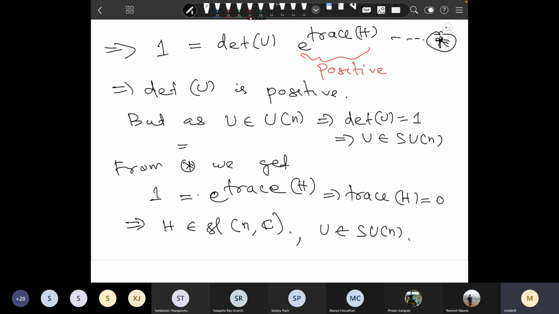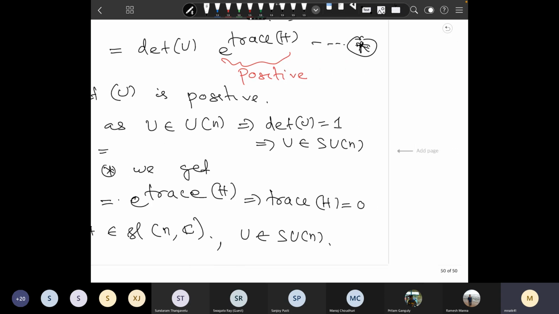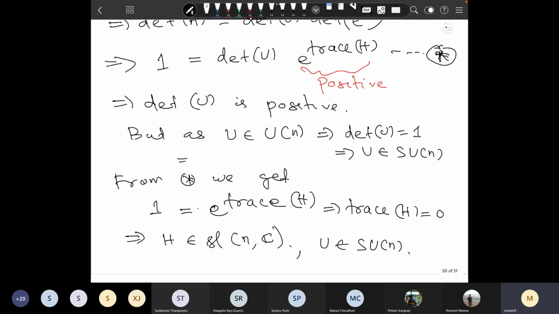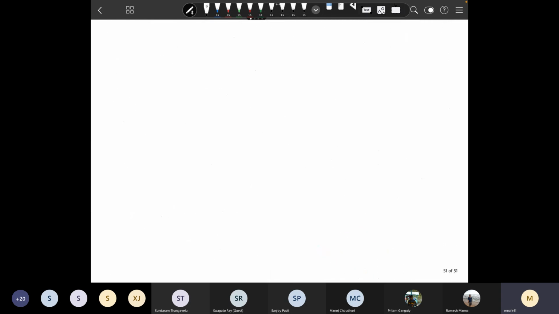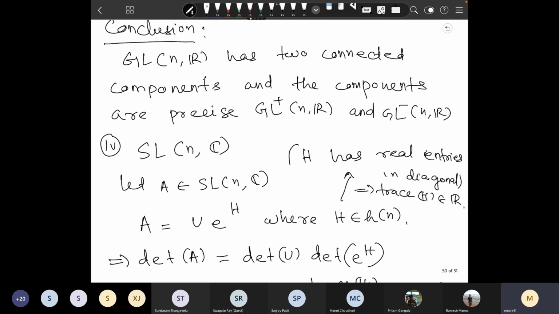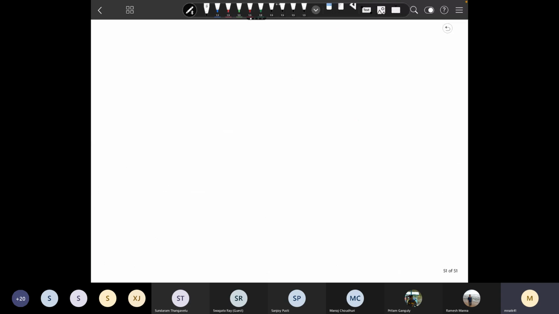So the final conclusion is that SLNC is equal to SUN times e to the power HN intersection small SLNC, where the matrix H belongs to small SLNC.